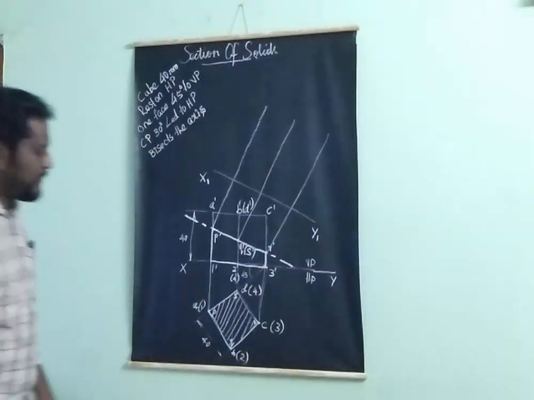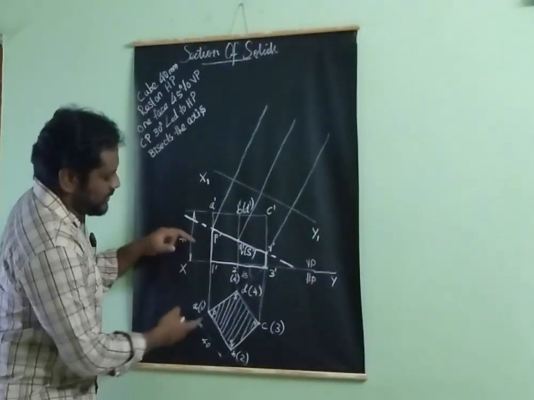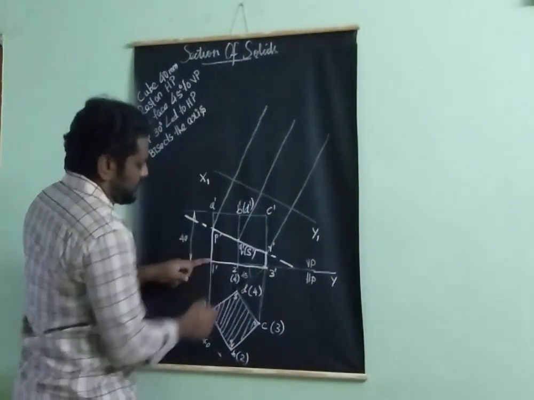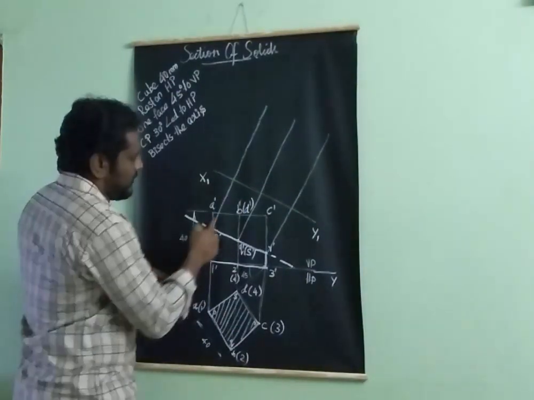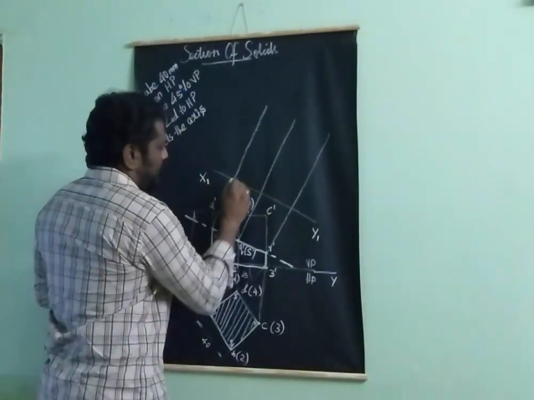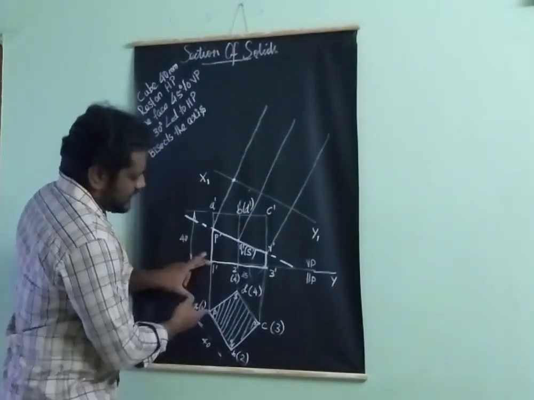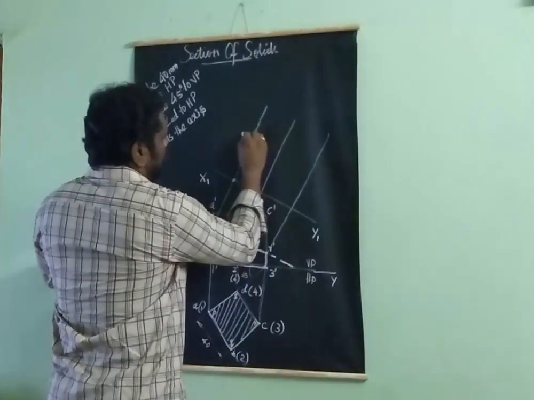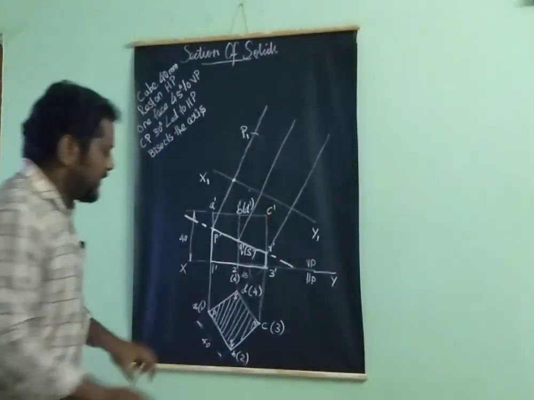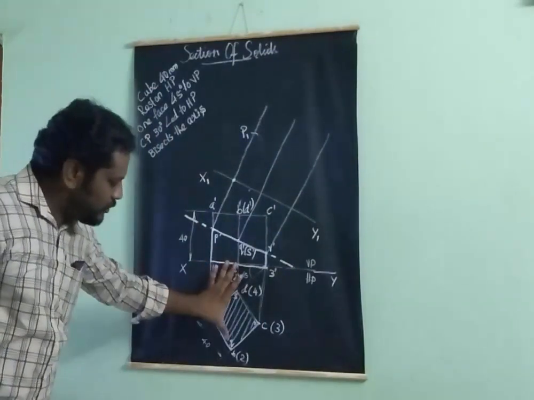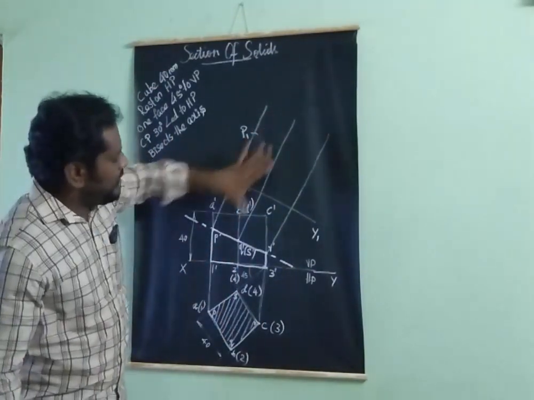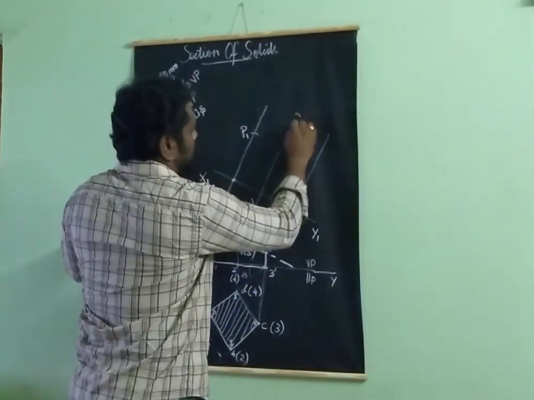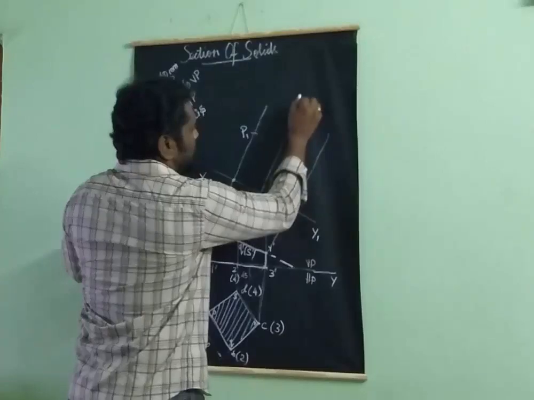So now from XY, measure the distance from XY to P. So measure this distance and make an arc here. You will get the point P1. Similarly, measure from XY line to Q. Draw the line from the Q point. You will get the point Q1.